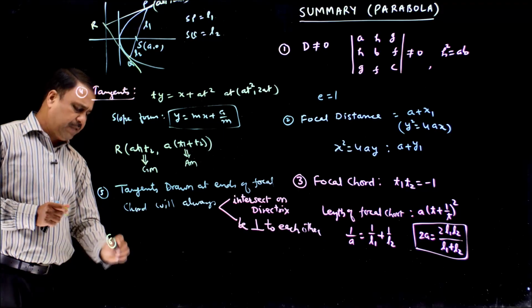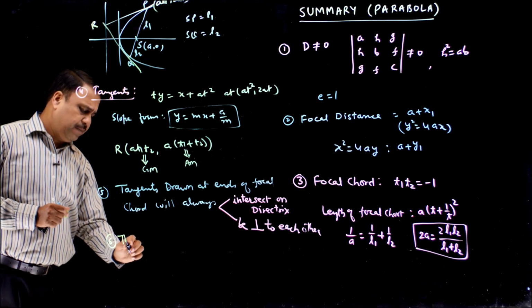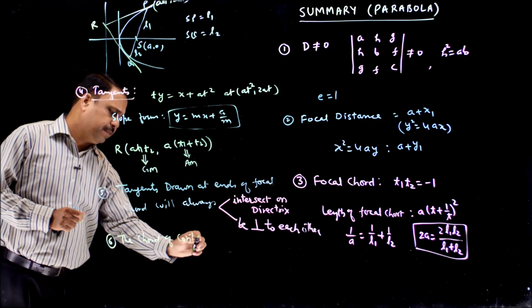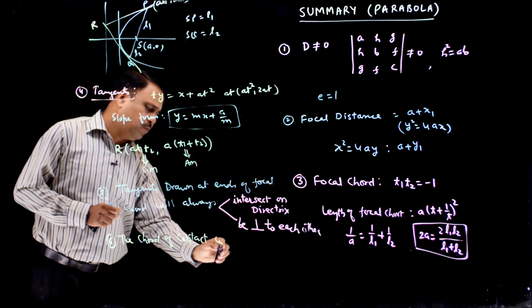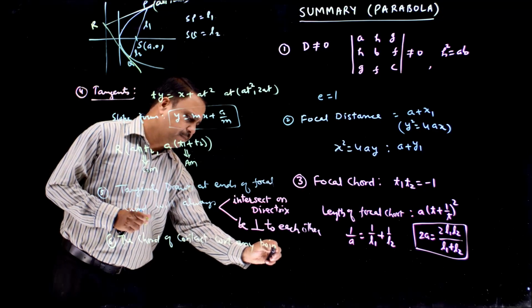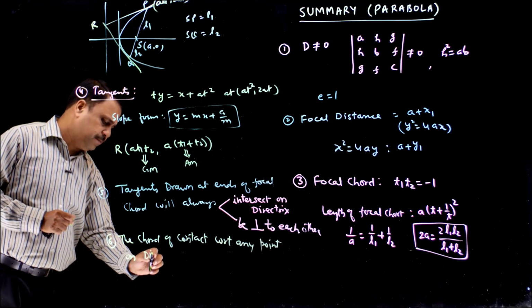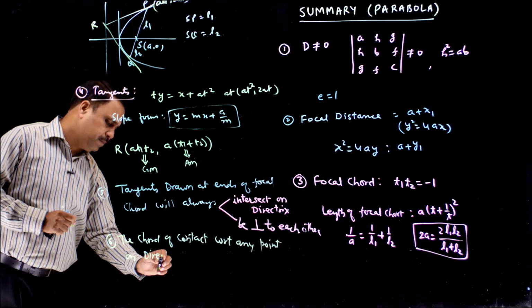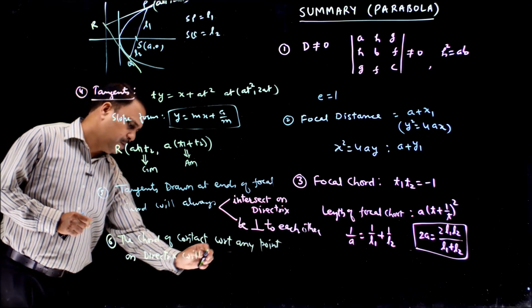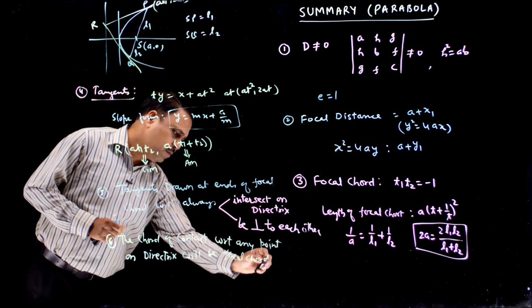So this point can be represented in this way: the chord of contact with respect to any point on the directrix will be a focal chord.